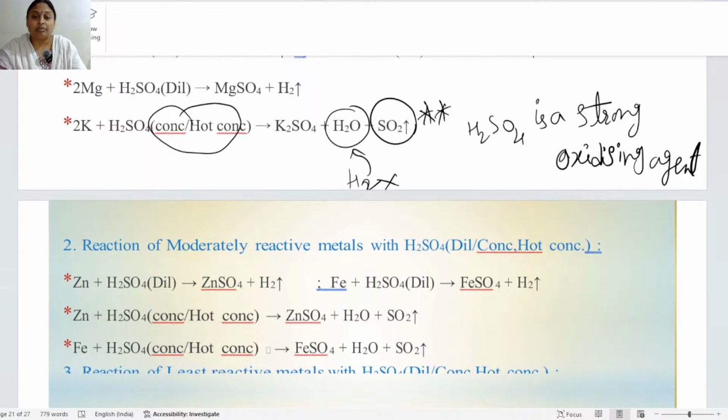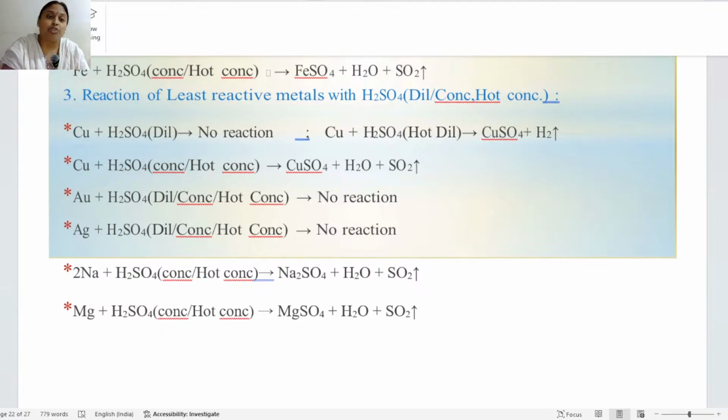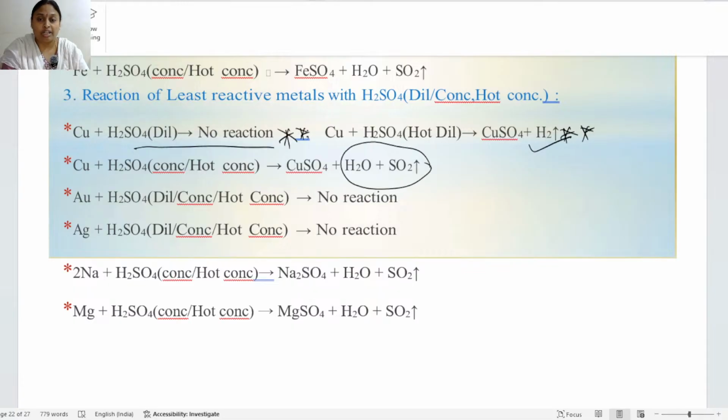So next, when it comes to silver and gold, no reaction. In the dilute condition, it gives no reaction. It is very, very important. And in hot concentrated condition, giving the hydrogen gas. And when it comes to the hot concentrated condition, we get sulfur dioxide along with the water.